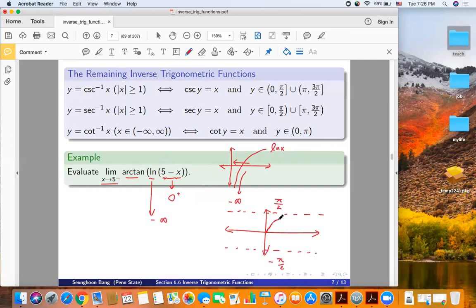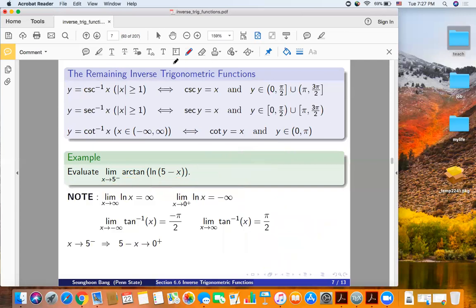So arctangent approaches this horizontal line, negative pi over 2. So the final answer is negative pi over 2. That's it. We have this result.